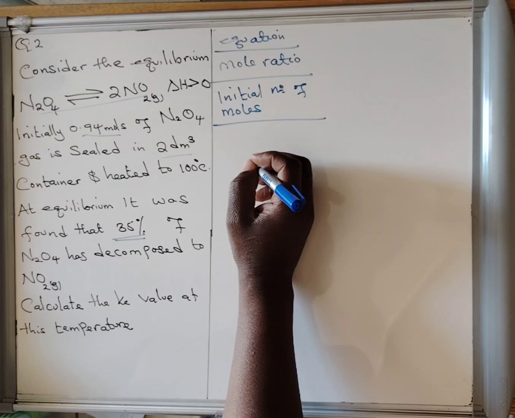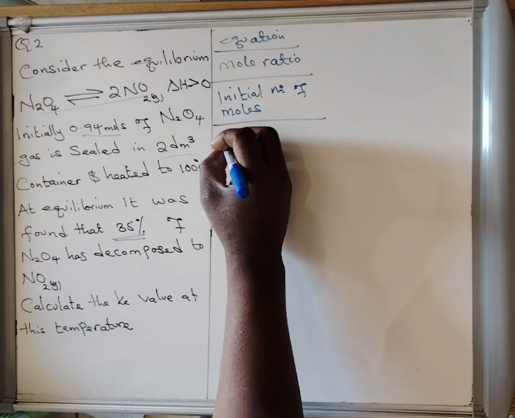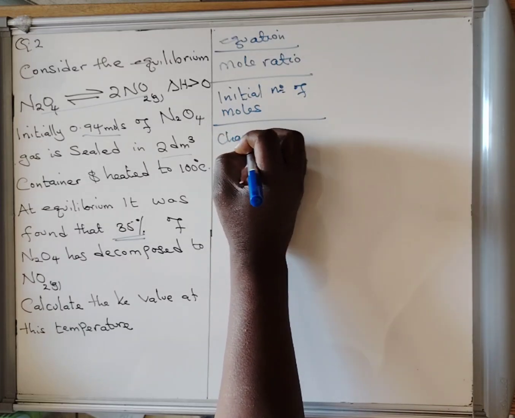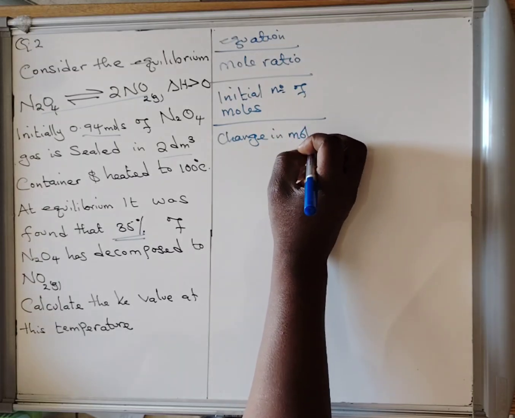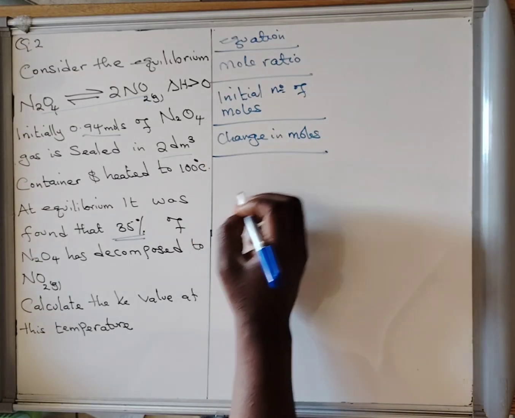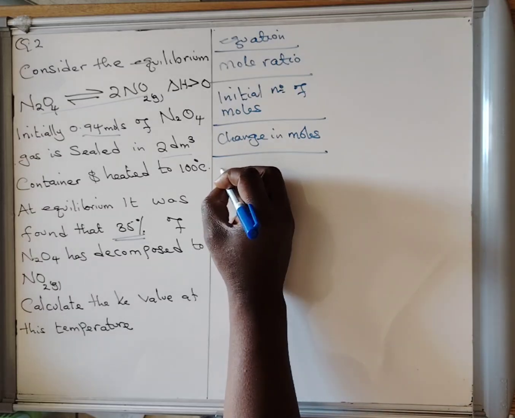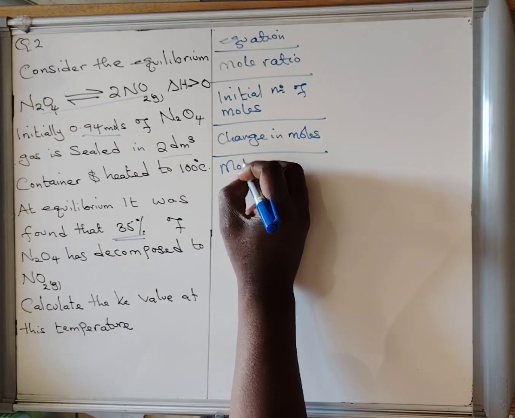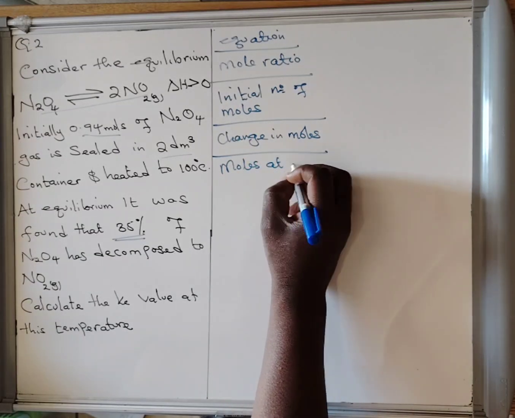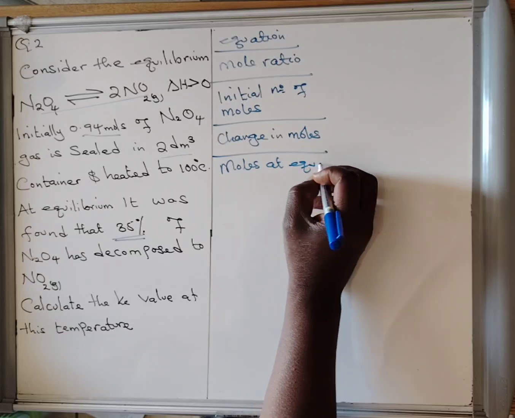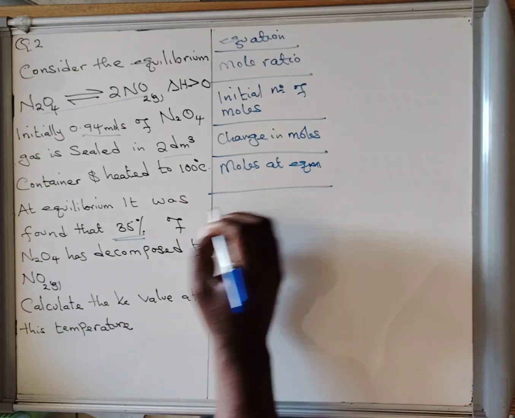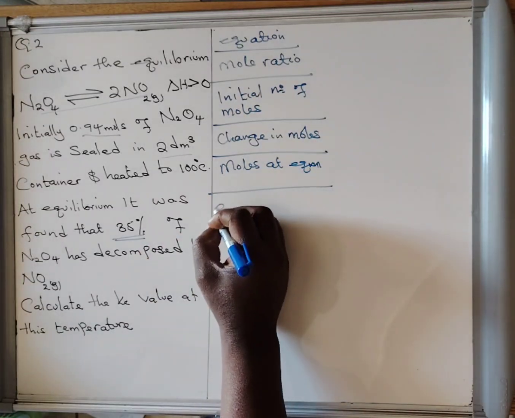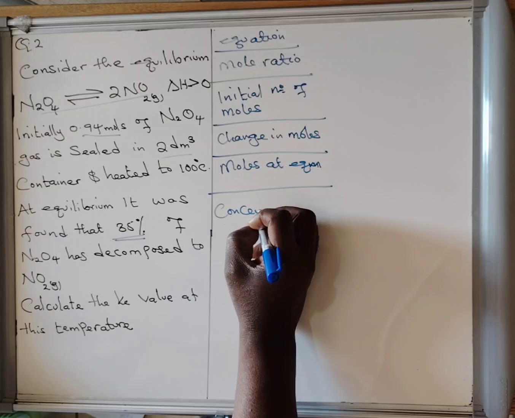Okay, next we are having a change in moles. Then next we are having moles at equilibrium. Okay, let's make this one short. At equilibrium. Next we have what? Concentration.